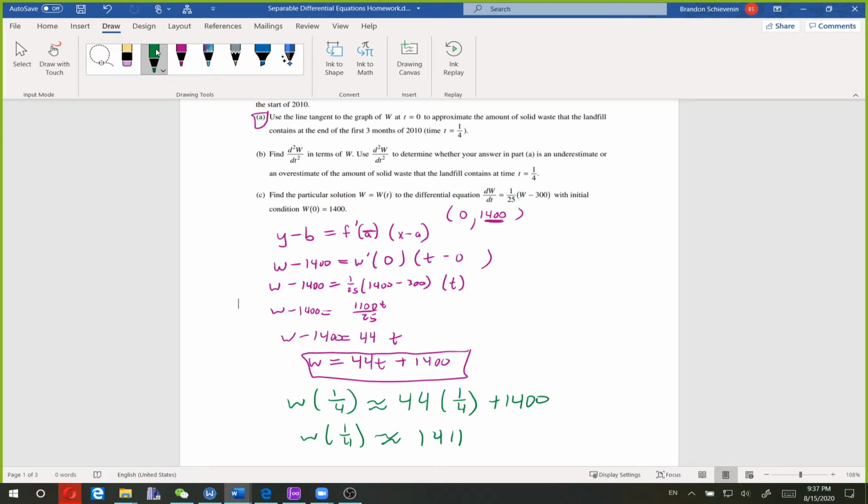Okay, what are my units, Andrew? Zoom out again.